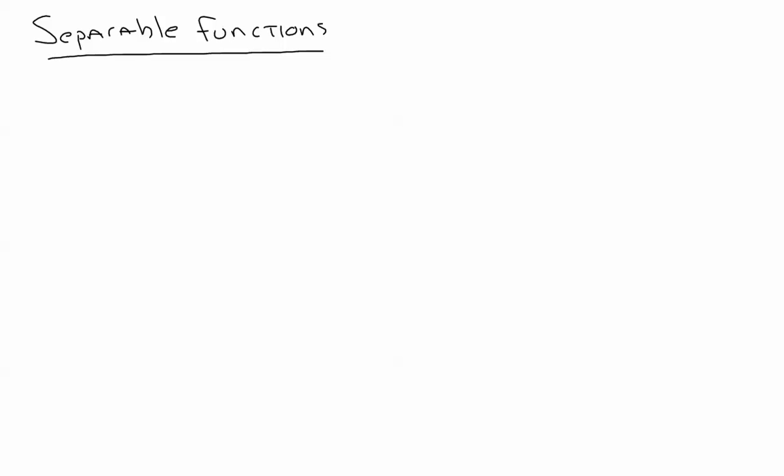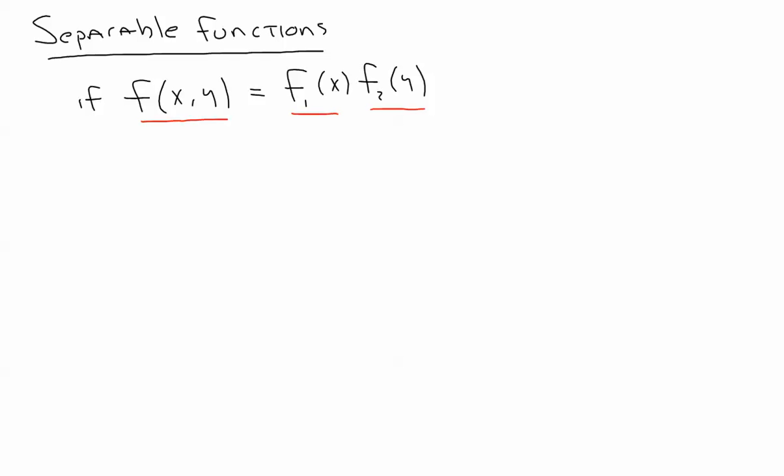If I have a function, this is not necessarily a probability density function, just any function of two variables, and I can write this function as f1 evaluated only at x and another function that's a function only of y, if I can separate the variables into two functions which multiply one another, if this function of two variables can be written as the product of functions of one variable, then f of x, y is said to be separable.